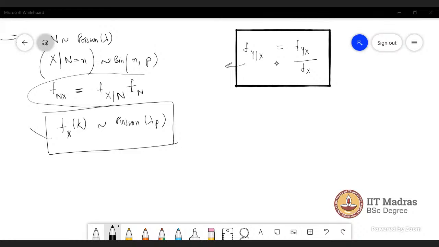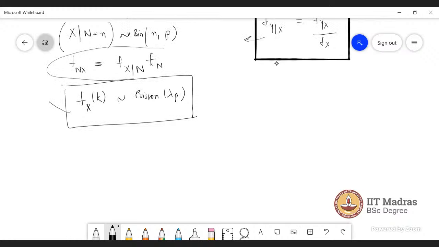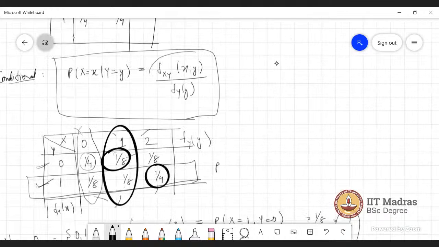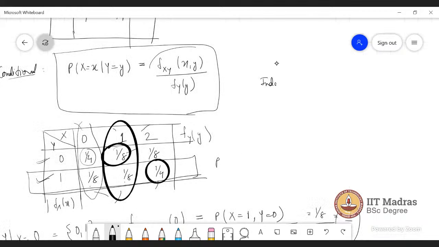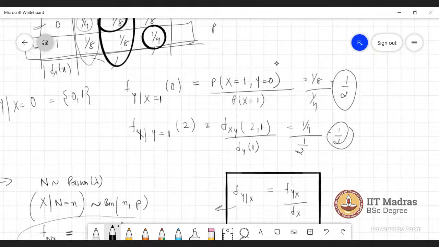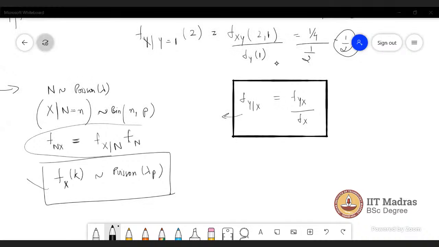Can you scroll down a bit? Here you have written f of n, x equals f of x given n times f of n.